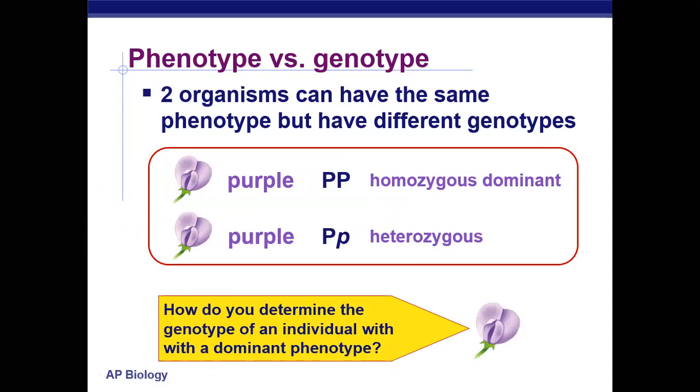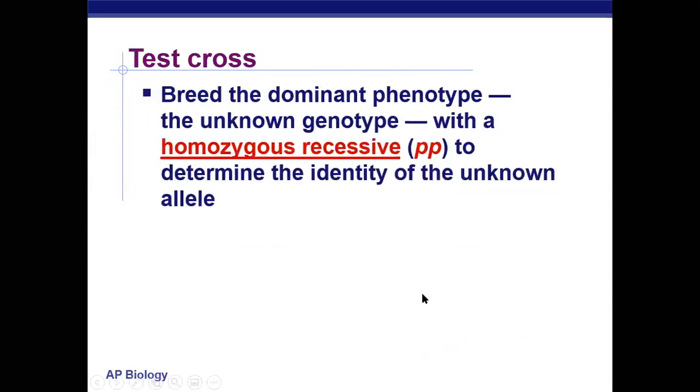So how do you know whether the purple is a dominant purple or a heterozygous purple? You have to crossbreed it. You can't tell just by looking at it. So you breed the dominant phenotype with an unknown genotype, is it big P, or big P, little p, with a homozygous recessive, little p, in this case a white flower.